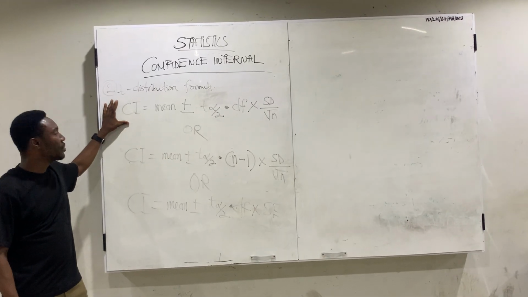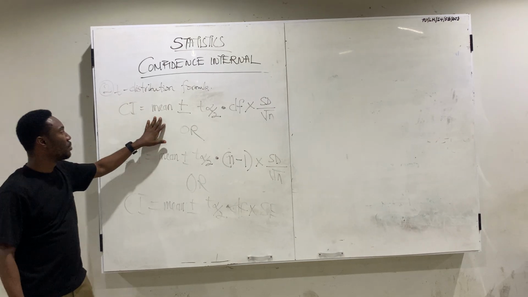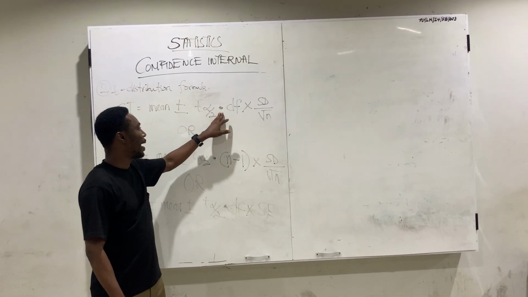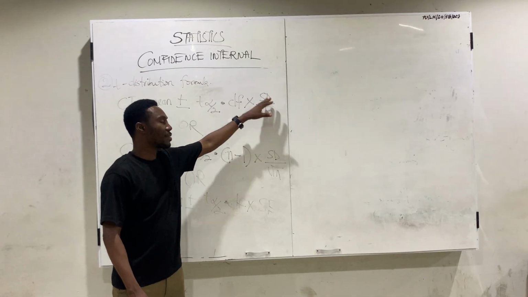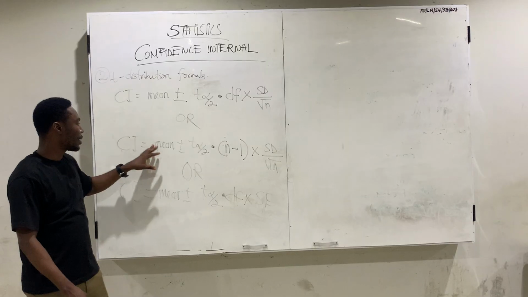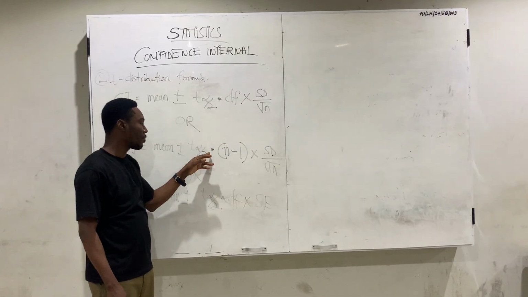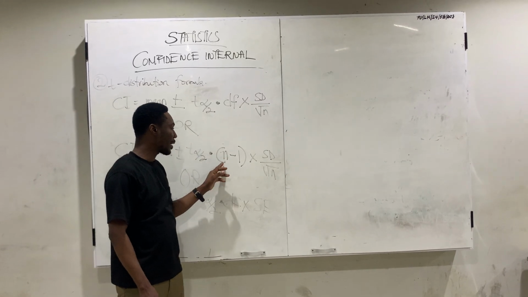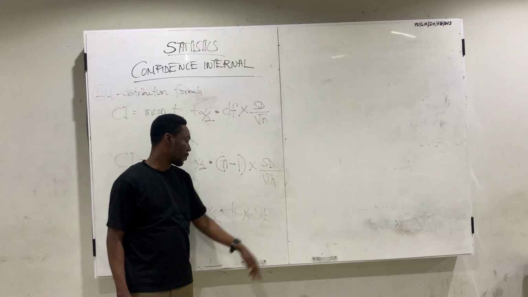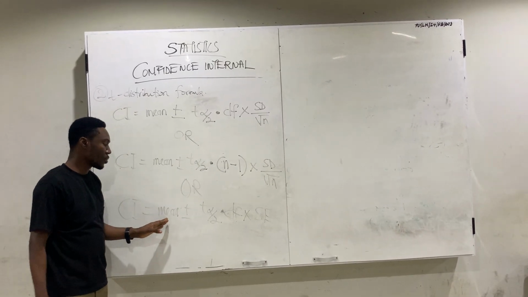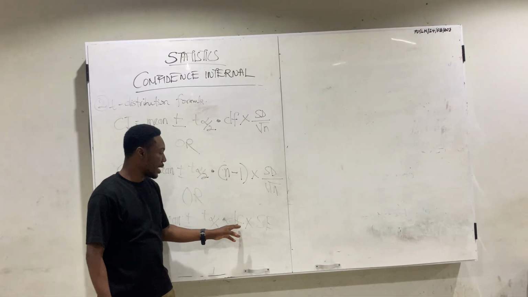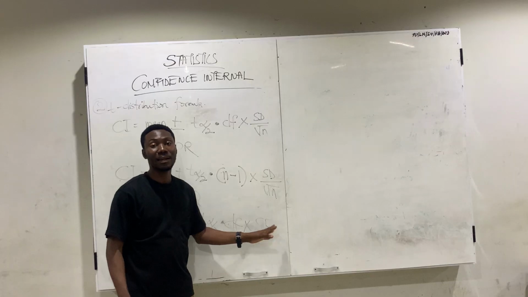So the T distribution formula: CI is equal to mean plus or minus t alpha over 2 by df multiplied by standard deviation all over square root of n. Or CI is equal to mean plus or minus t alpha over 2 by n minus 1 multiplied by standard deviation all over square root of n. Or CI is equal to mean plus or minus t alpha over 2 by df multiplied by standard error.